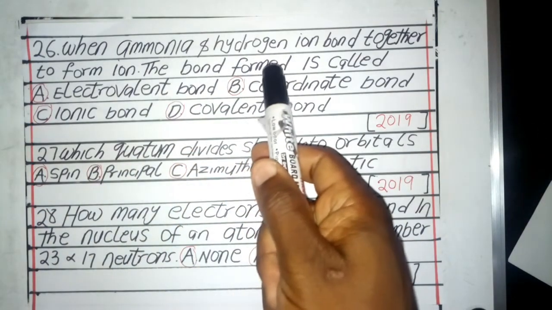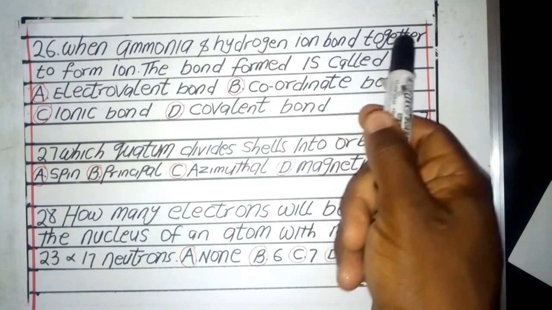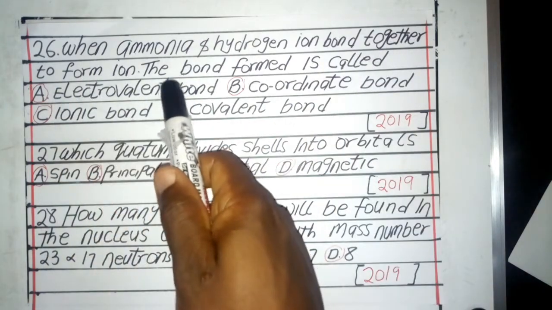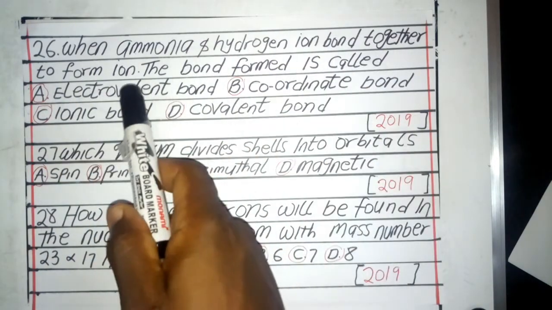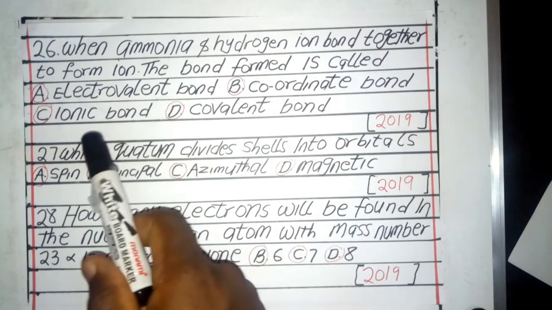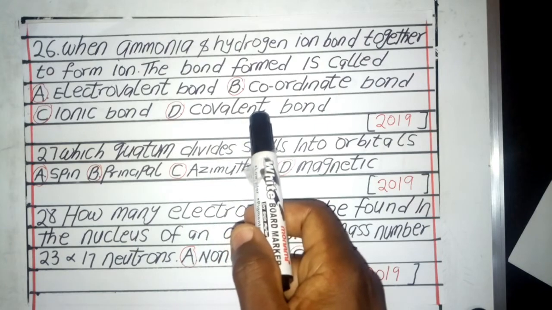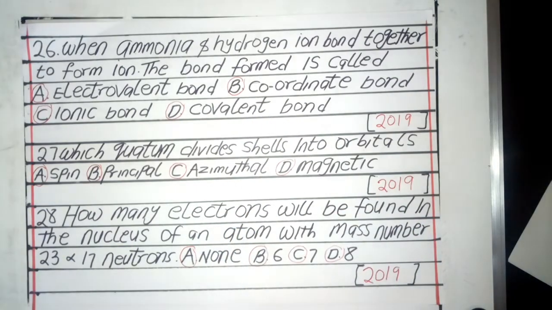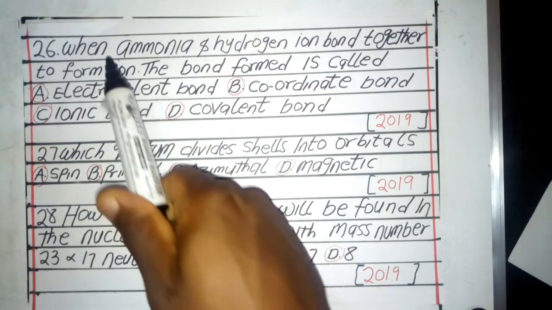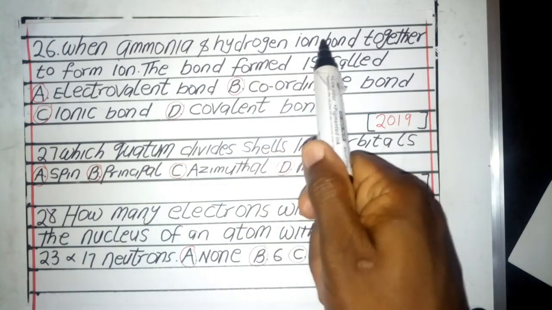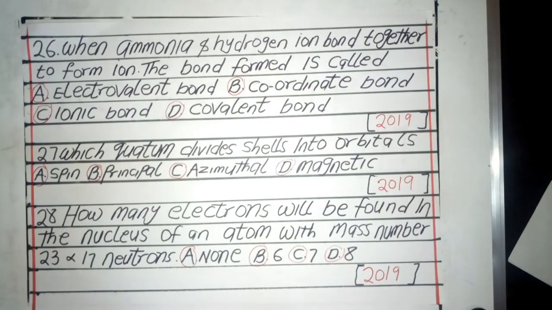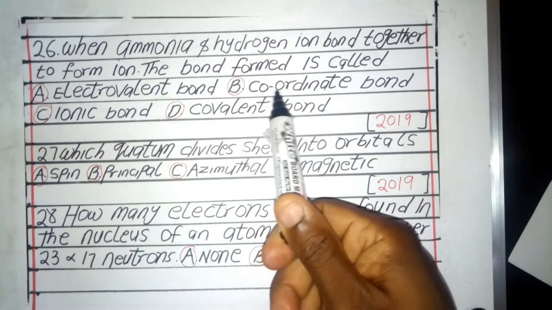When ammonia and hydrogen ion bond together to form an ion, the bond formed is called: electrovalent bond, covalent bond, ionic bond, coordinate bond. Of course, the answer is coordinate bond.